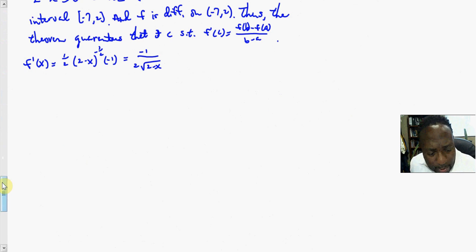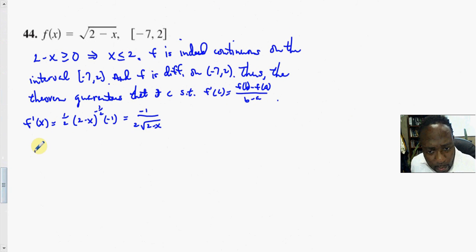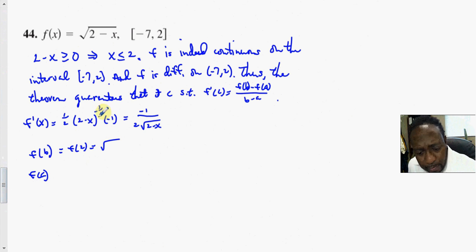And we find f of b, we find f of a. So f of b is f of 2, and this is the square root of 2 minus 2.